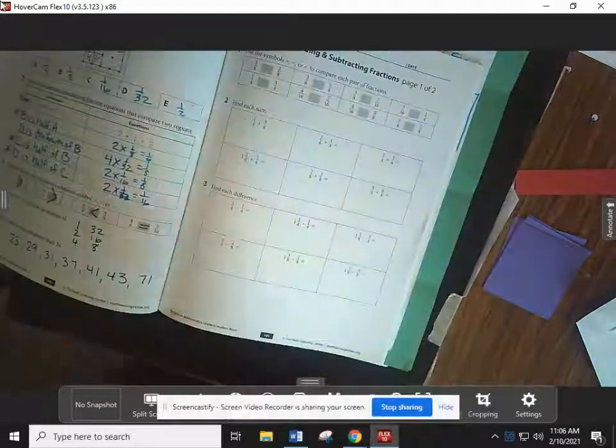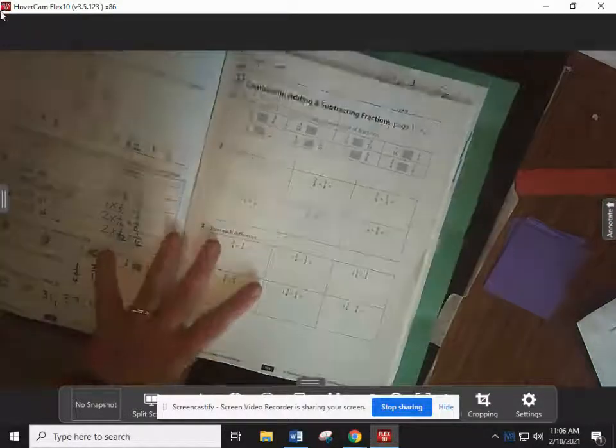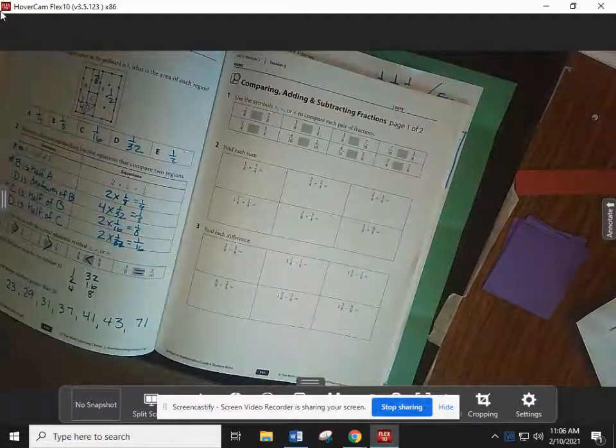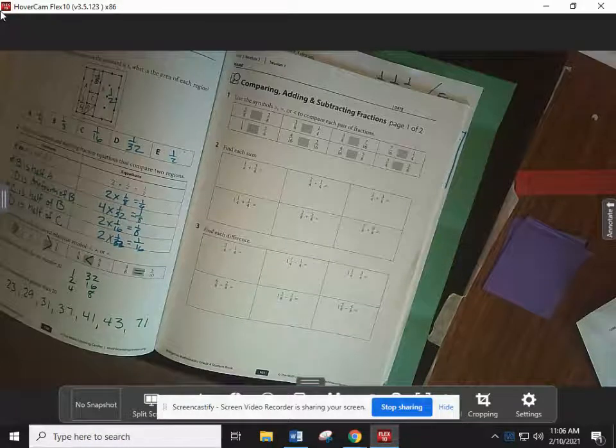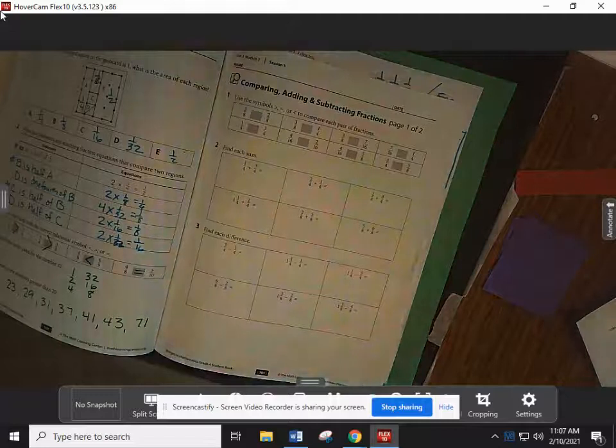You can put it inside in here, or you can put it in a folder, and you're going to page 101. Page 101. Tomorrow we will be spending a lot of time on a game.